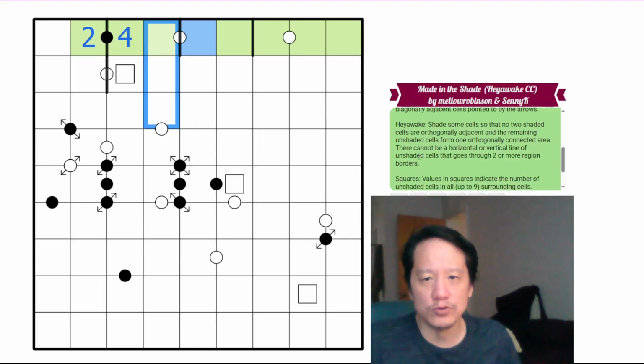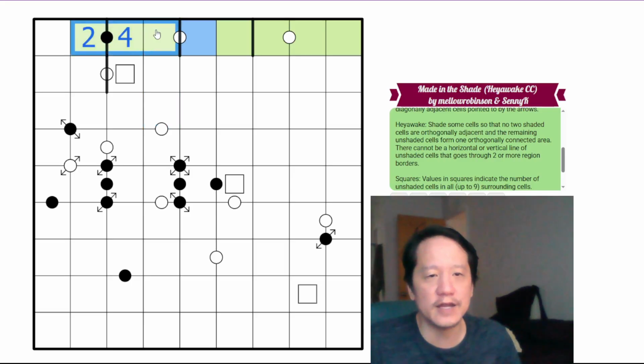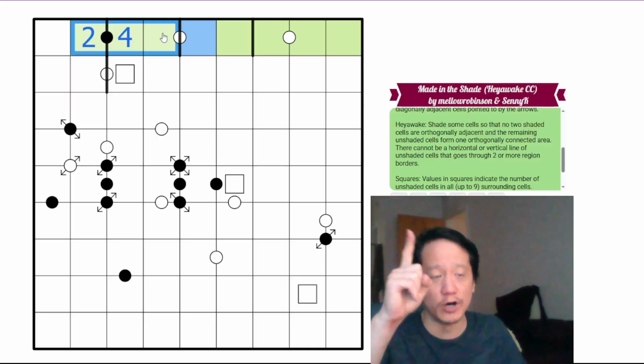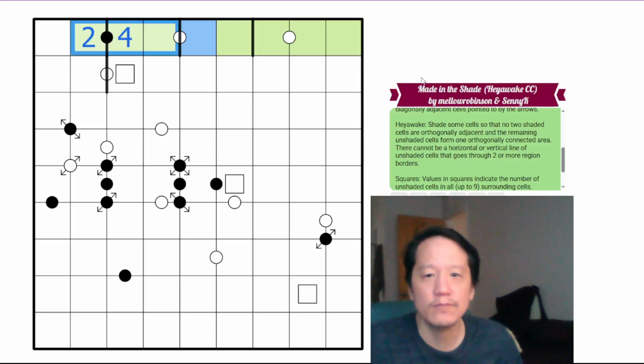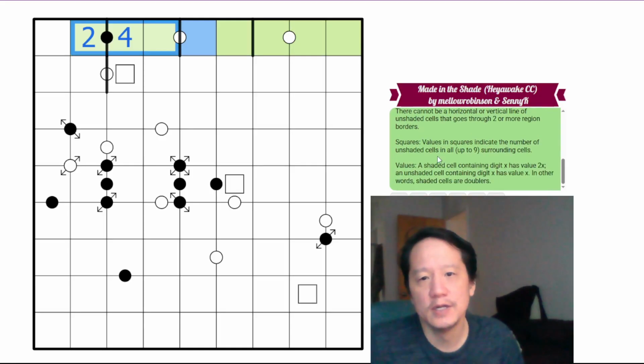So those are the rules for Hayawake, and this goes for any run of unshaded cells. You can only cross at most one region border. You cannot cross two or more. So that's how Hayawake works.